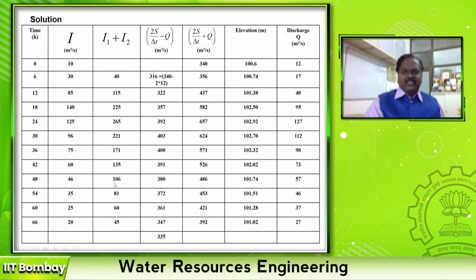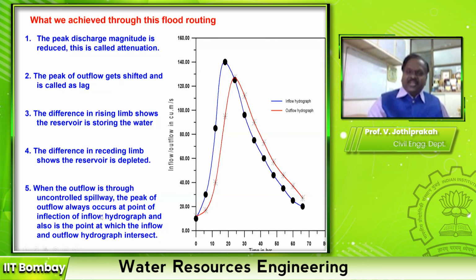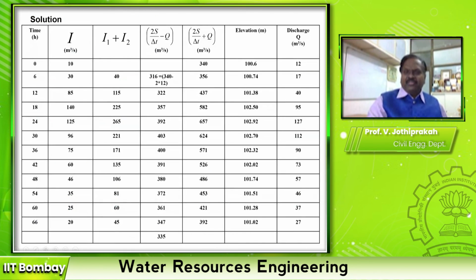What is the good thing we did here? If I plot the same flood, this is the inflow and this is my outflow. When I compare this inflow and outflow, in inflow what is the maximum discharge? 140 happened at a time of 18 hours, but in outflow the maximum is only 127, which happened at a time of 24 hours.